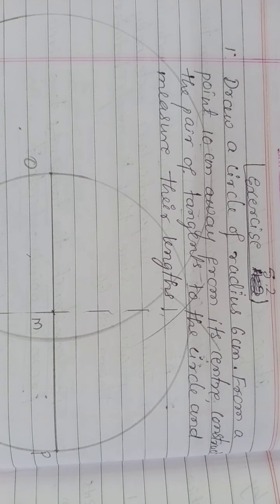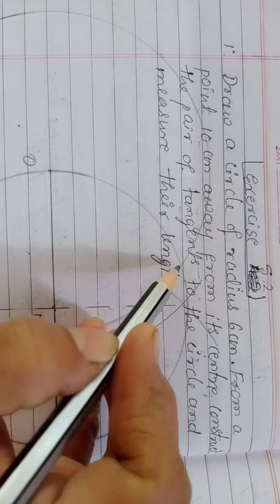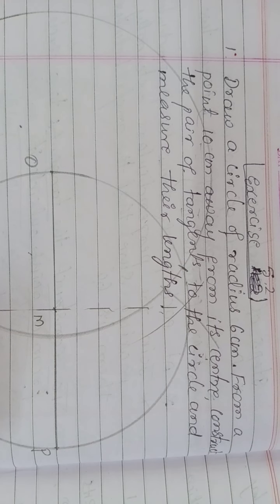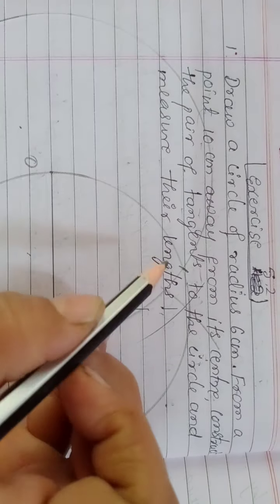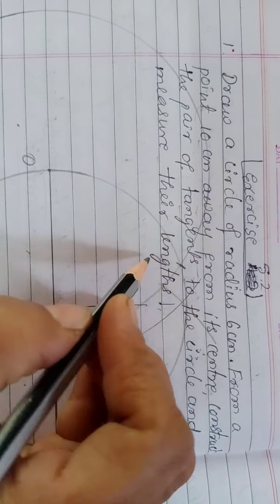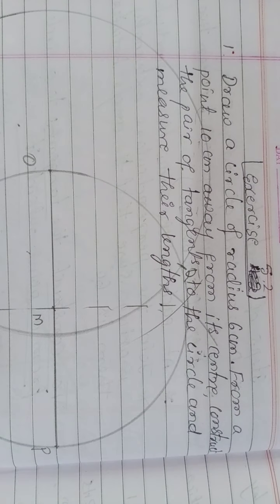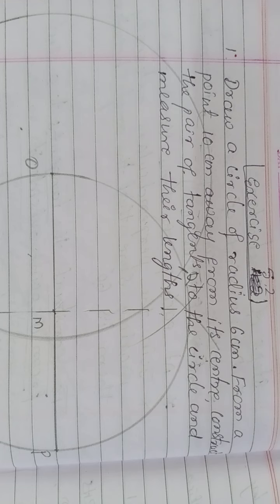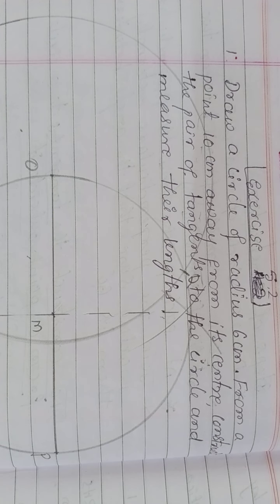Okay, now check it out. This new circle and previous circle are meeting at two points. Call those points Q and R. Now join PQ and PR.